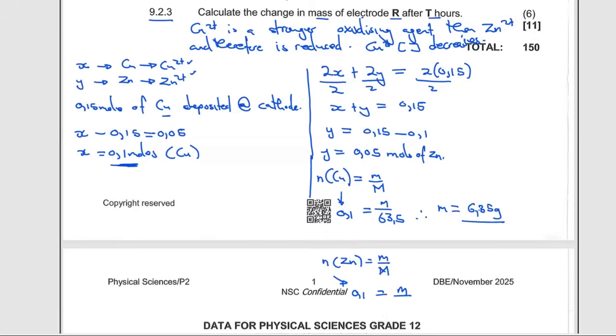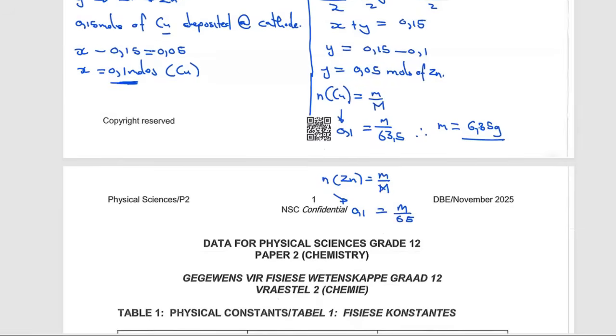So I'm going to use 65 for zinc, 65 multiplied by 0.1. What do I get there? 6.5.